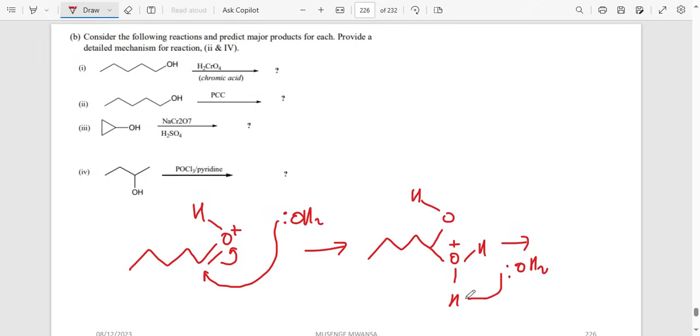Remember in the previous reaction, the first thing that was happening is that it was attacking. So this is what we're going to have. This bond breaks. So we have formed now another OH at this point. This OH will act again as a nucleophile to attack the chromium again.